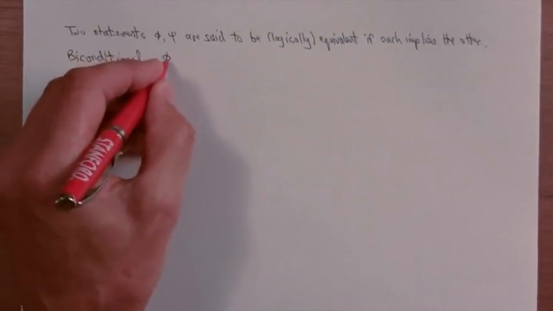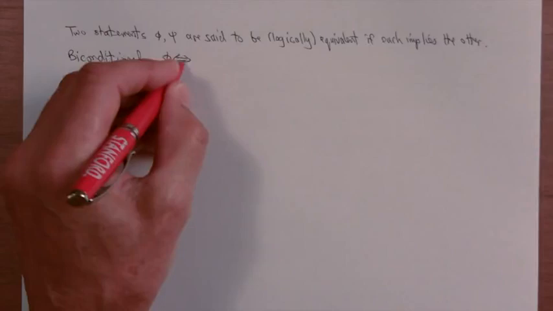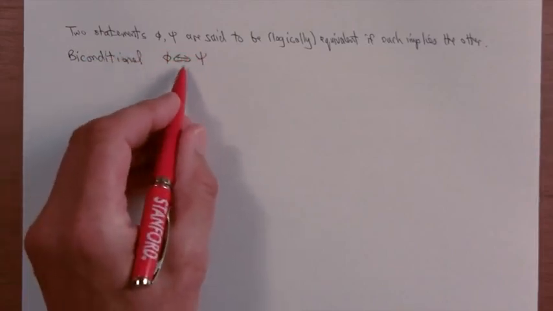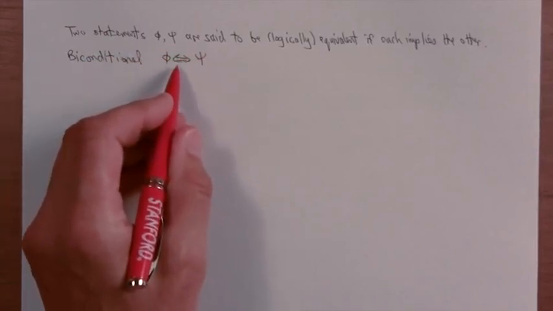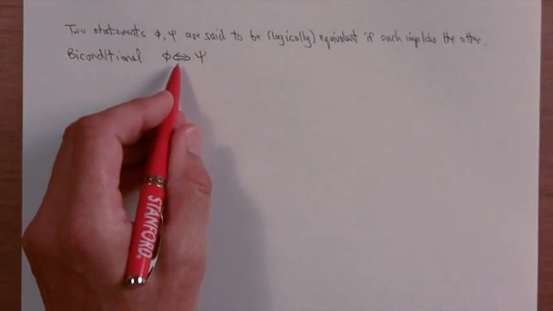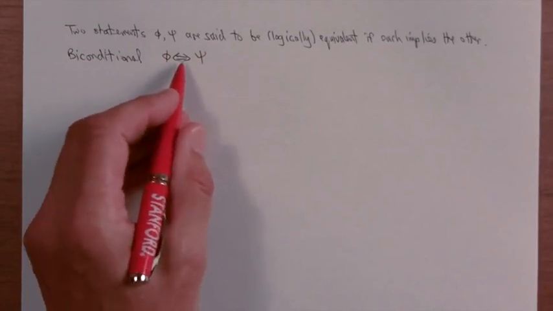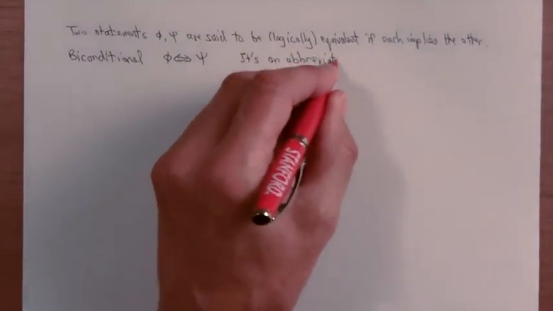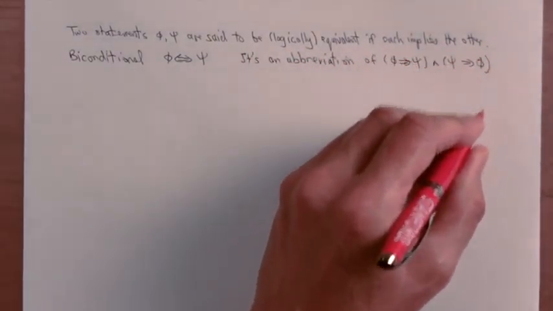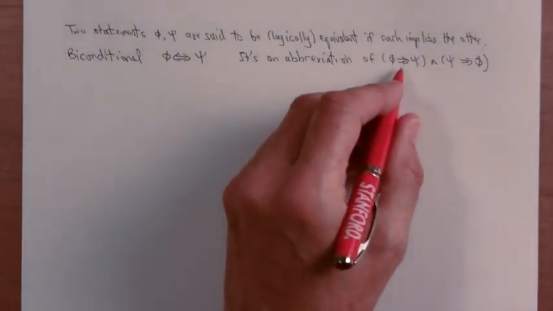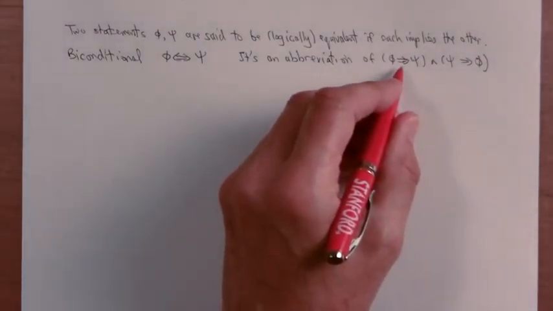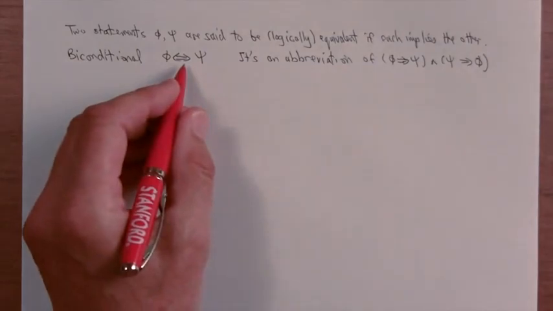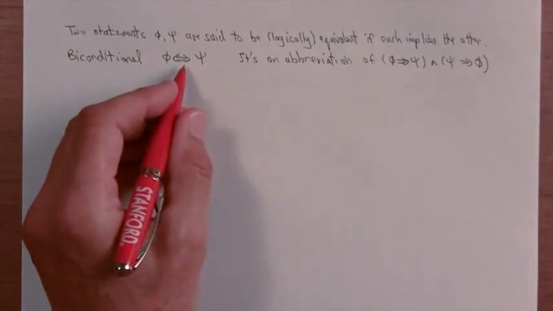The biconditional of phi and psi is denoted by means of a double-headed arrow like this. And formally, the biconditional is an abbreviation of phi conditional psi and psi conditional phi. Since the conditional is defined in terms of truth values, it follows that the biconditional is defined in terms of truth values.